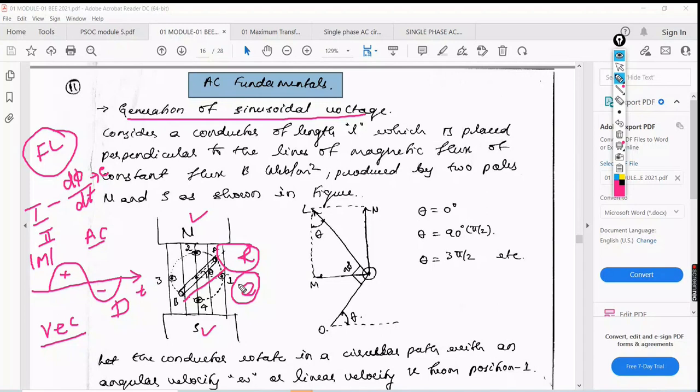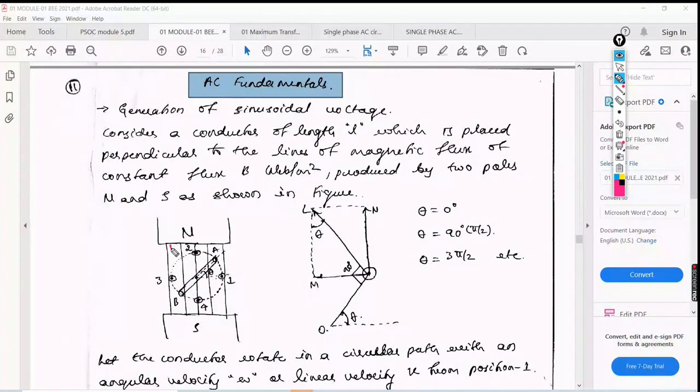But the conductor is rotating through a 360-degree rotation, that is from 0 to 90, then 180, then 270, then 360. Along with that rotation, the EMF generation is taking place because the conductor will cut the magnetic flux, which is the magnetic lines of force.